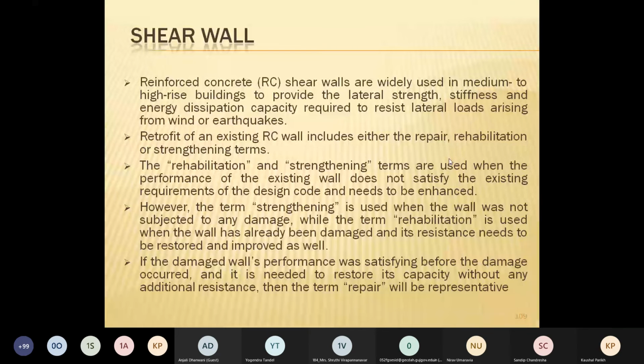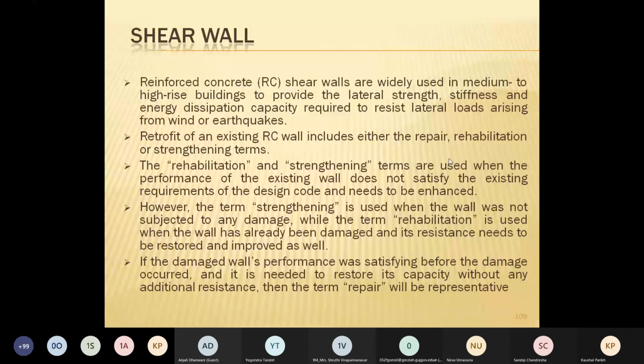The terms rehabilitation and strengthening are used when the performance of the existing wall does not satisfy the design code requirements and needs to be enhanced. Strengthening is used when the wall was not subjected to any damage and we apply higher strength.